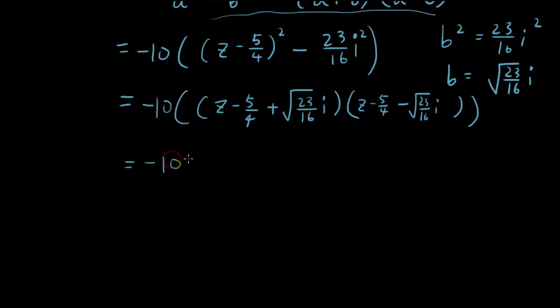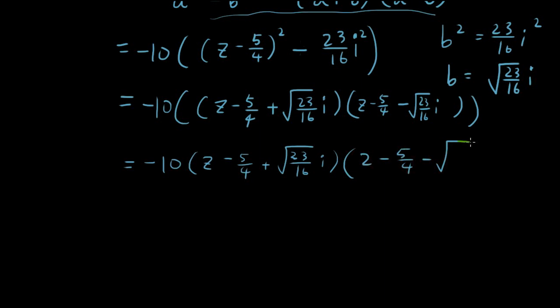So it's -10 bracket z minus 5 over 4 plus square root of 23 over 16i, z minus 5 over 4 minus square root 23 over 16i. Okay, and that is fully factorized into two brackets.